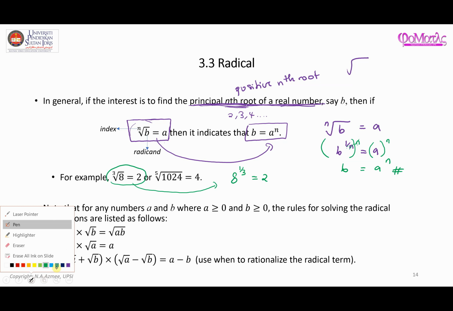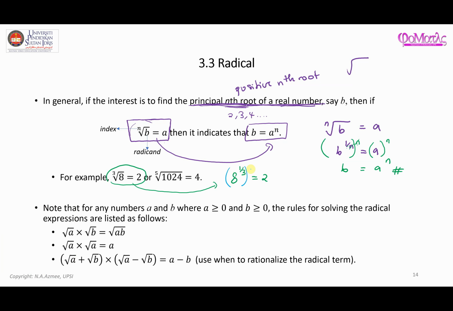Therefore, I need to multiply that with exponent 3 outside. And if you introduce something on the left-hand side, you have to do the same thing on the right-hand side so that the equation is balanced. From here, you can see that if you simplify this expression, the two exponents should be multiplied together, and this one will be cancelled out. So you get 8 is equal to 2 to the power of 3, which is correct.